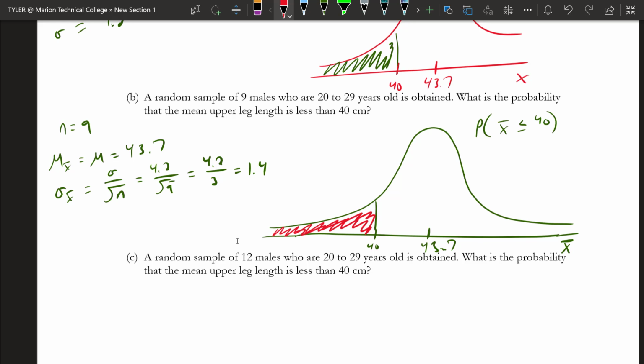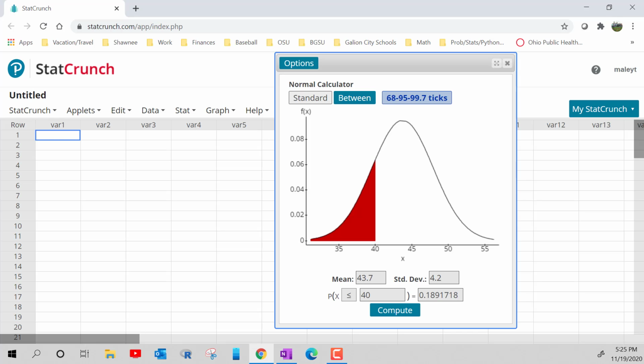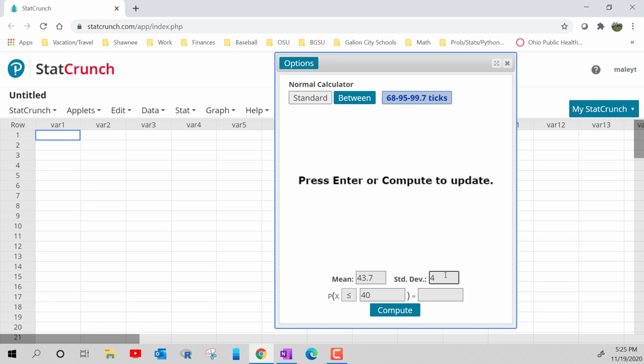So I could use StatCrunch to calculate this. I need to change my standard deviation to be 1.4, and I'm still trying to find the probability that x is less than 40. My mean's the same, so the only thing that changed was the standard deviation.